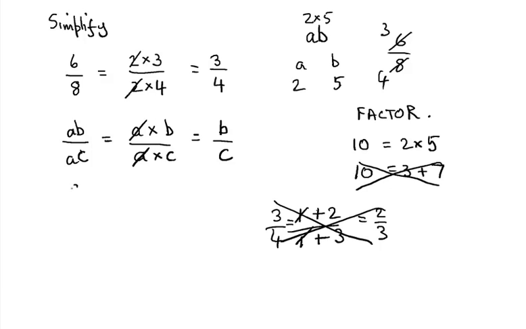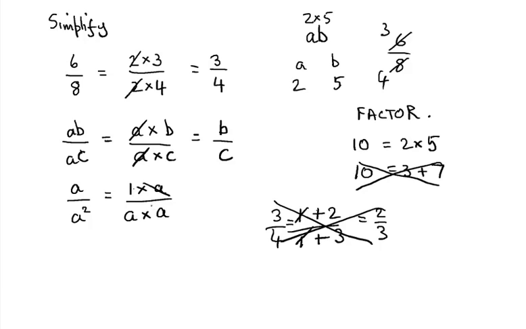Another example would be A over A squared. On the top line, 1 times A. On the bottom line, A times A. There's a factor in common. If we divide the top line by A, we're left with 1.